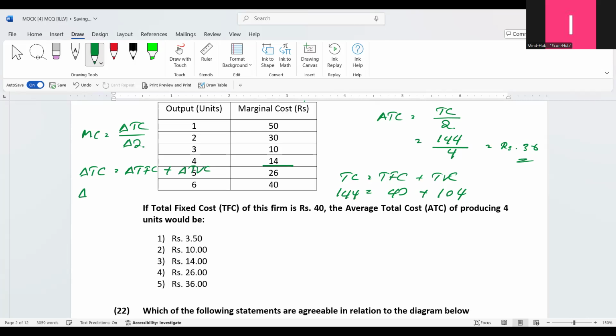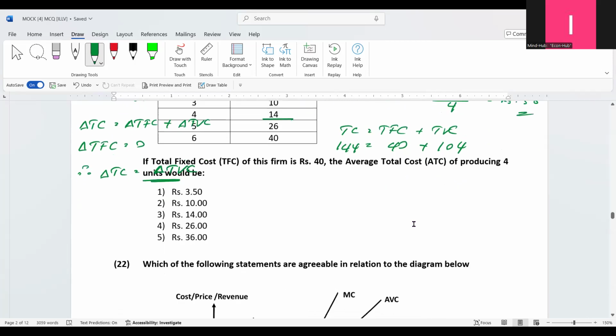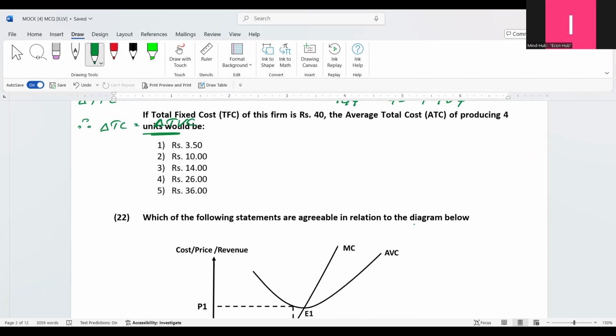But we know change in TFC in the short run is 0. Therefore, whenever there is a change in TC, it always equals change in total variable cost. That was the concept there. Correct answer number 5.